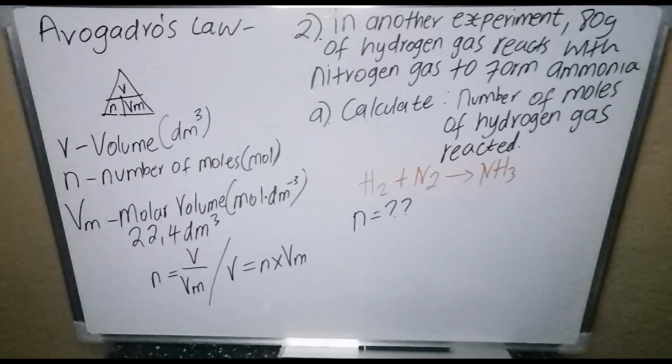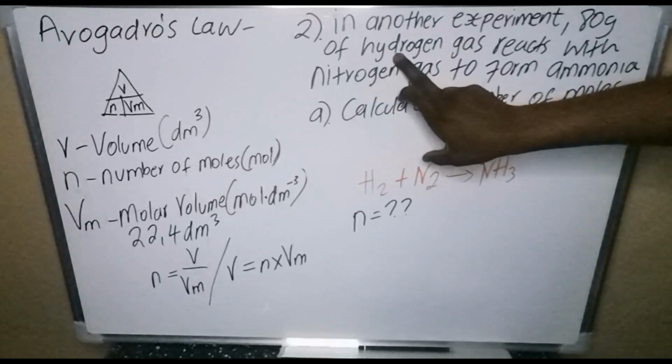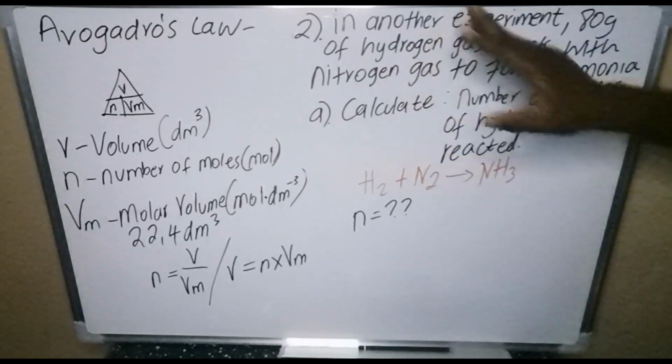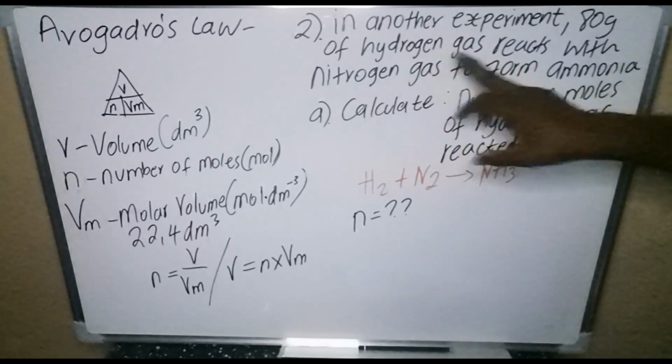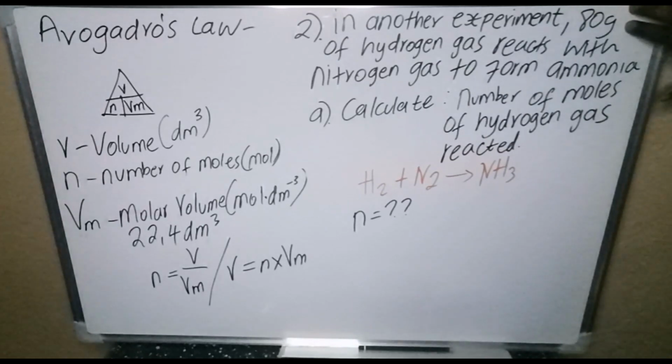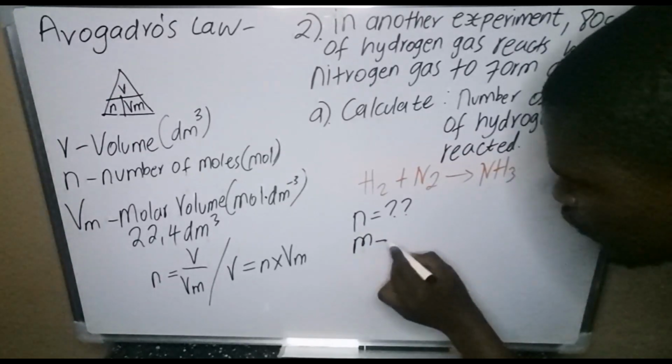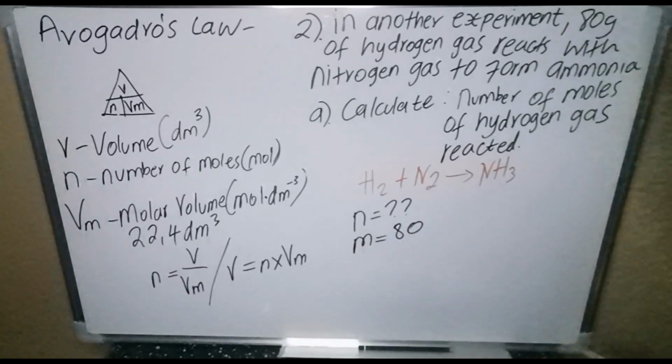The only formula you can use to find number of moles here, since we've got the mass, is the one with mass. Basically, 80 grams of hydrogen means this 80 grams is only for hydrogen gas, the mass of hydrogen gas that it consists of.